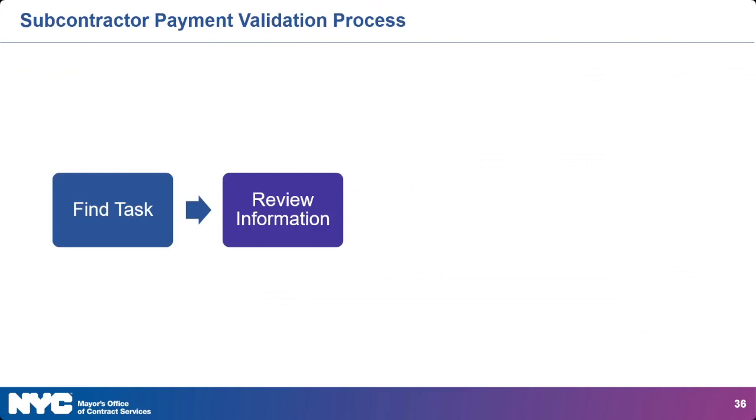Here's a simple overview of the process from the subcontractor side. First, the subcontractor must find the payment validation task. Then they review the information about the payment, such as the date, the amount, invoice information, and so on.